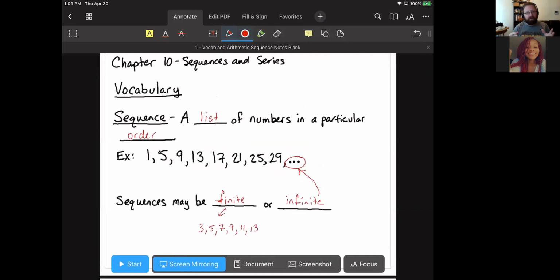That is a limited sequence, but it is still a sequence, okay? So finite means it ends, infinite means the list would go on forever, okay? It's that simple. Our focus is going to be pretty much on infinite sequences. But when we talk about series, that will be focused more on the finite lists, okay?